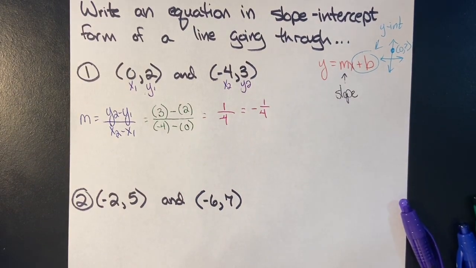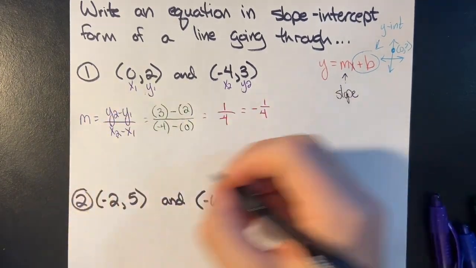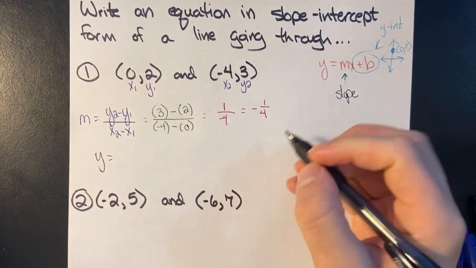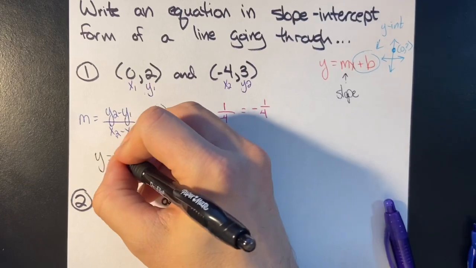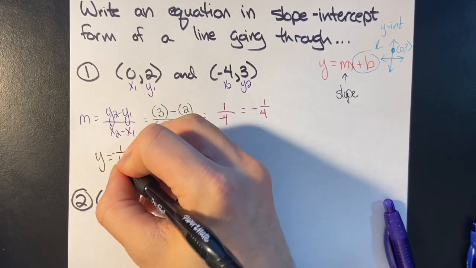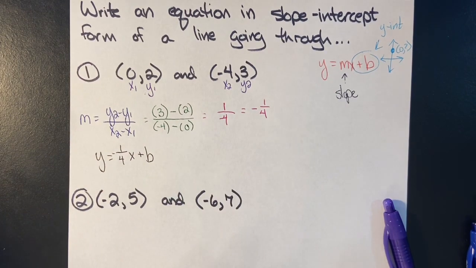So that's my slope. What I have so far is y equals, instead of m, I have negative 1 over 4 x plus b. Now I have to find b.